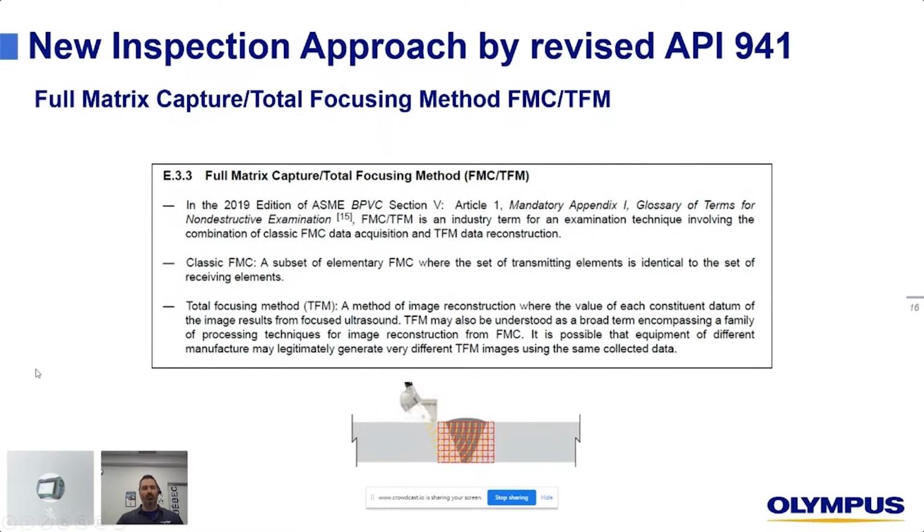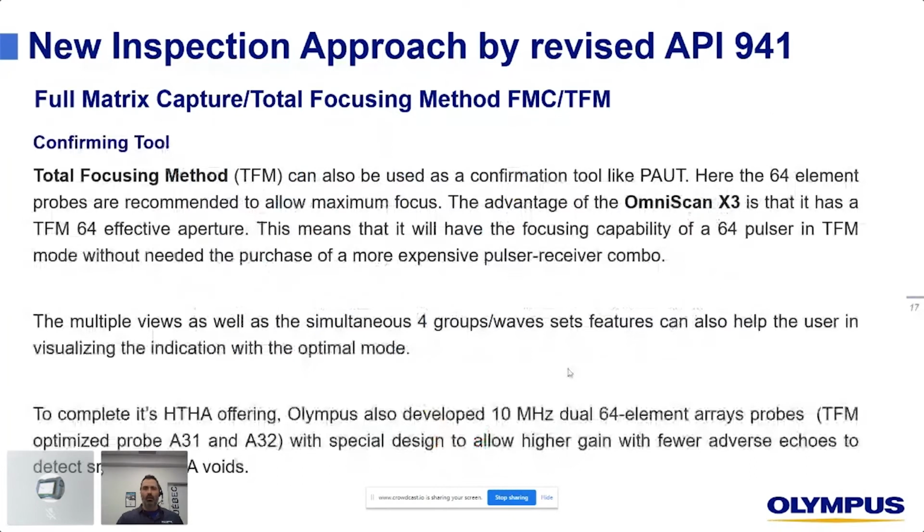Also, as I mentioned, with phased array you have to predict or input a certain focus depth for your inspection to be as precise or as sensitive as possible. With FMC, your entire grid of points is focused, again, given that we are working in the near field. So it's a confirmation tool, just like phased array, with better imaging.